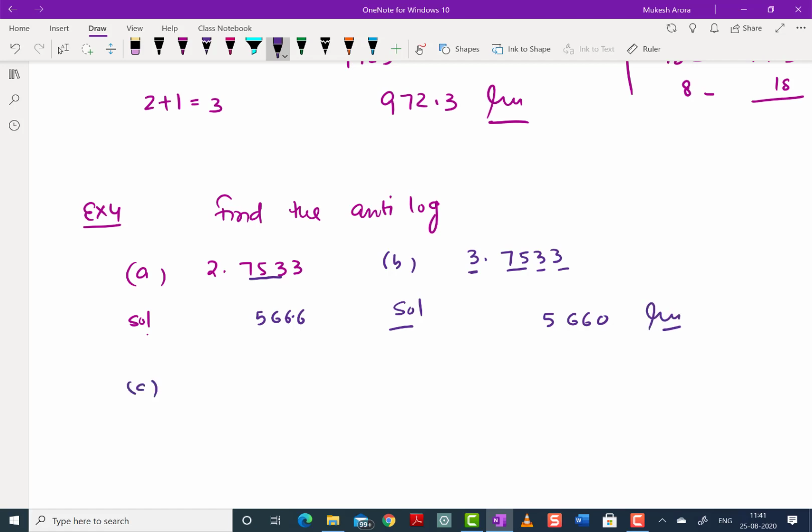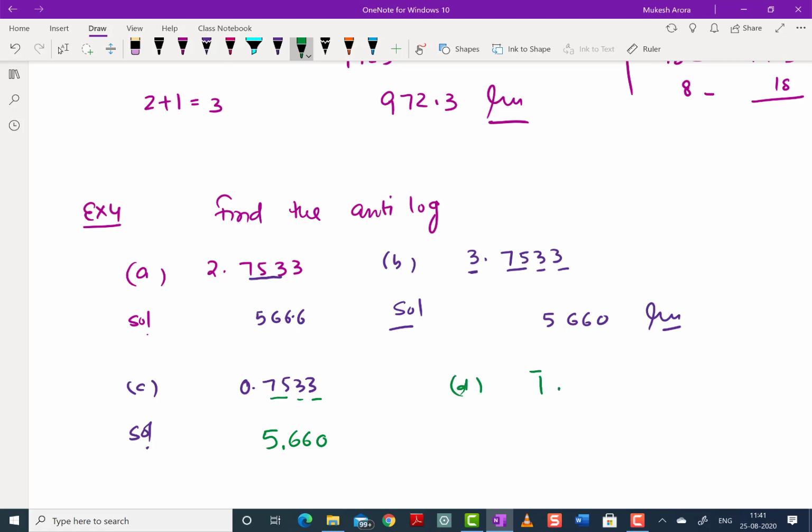C, we will see the antilog of 0.7533. We see 75 in third and third. It will come 5666. This is 0 plus 1. It will be 5.666.